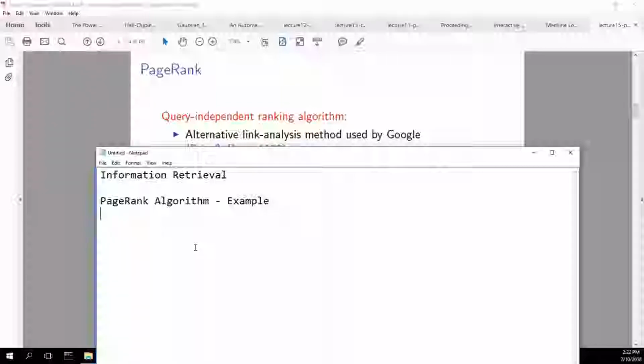So in page rank algorithm, a hub, so a web page, is referred to as a hub when it is pointing to another page.